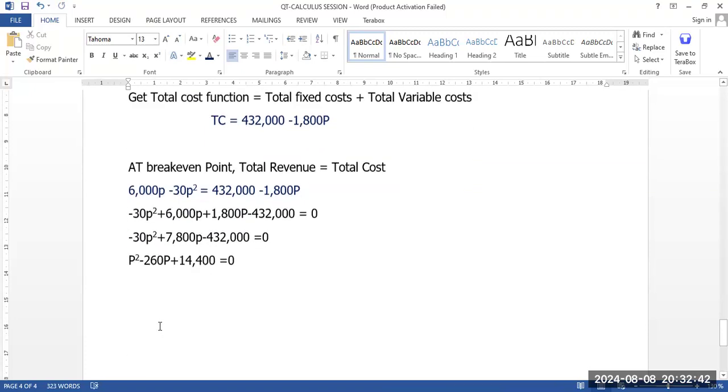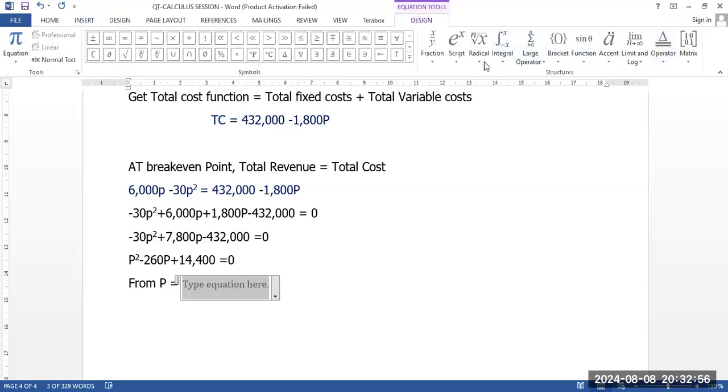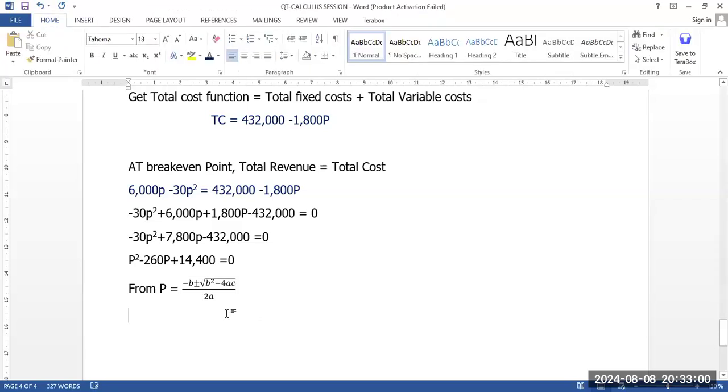So once you reach here, you use our formula, the bulldozer method. P is equal to that.